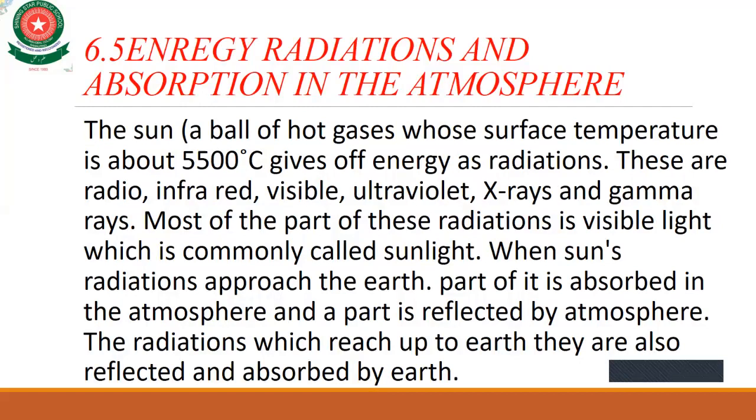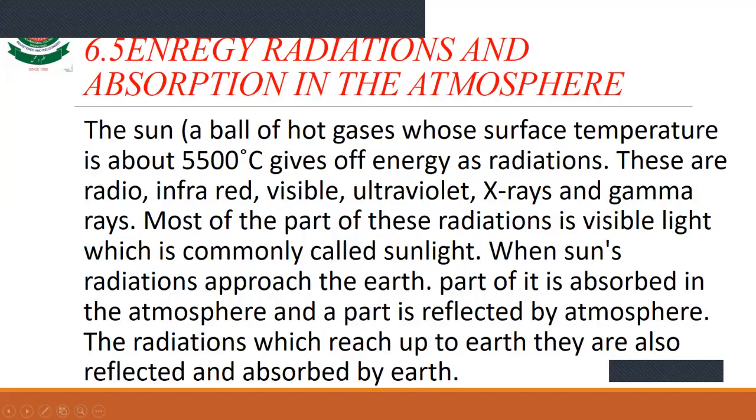Our next topic is about energy, radiations, and absorption in the atmosphere. The sun is a ball of hot gases, whose surface temperature is about 5500 degrees Celsius. It emits radio, infrared, visible, ultraviolet, X-rays, and gamma rays.